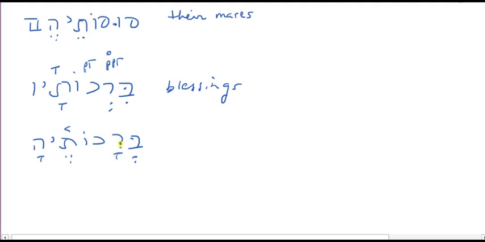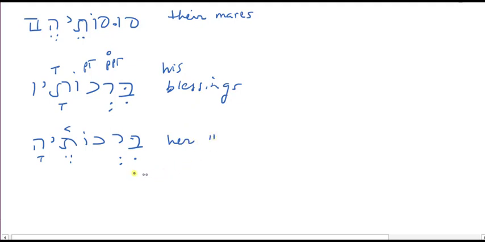This is open and propretonic. What will it do? It will reduce to vocal shavah, and I've got two vocal shavahs. What's going to happen to them? They're going to have a fight, and we are going to shoot out an i, and I get birkoteha, her blessings. Okay, so his blessings, her blessings, and so forth.